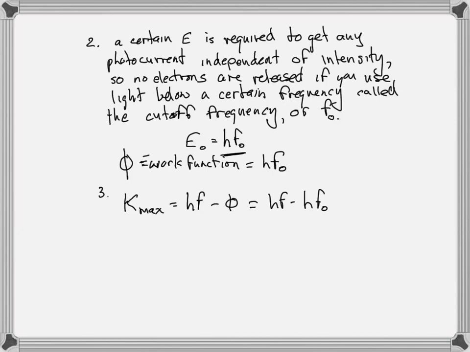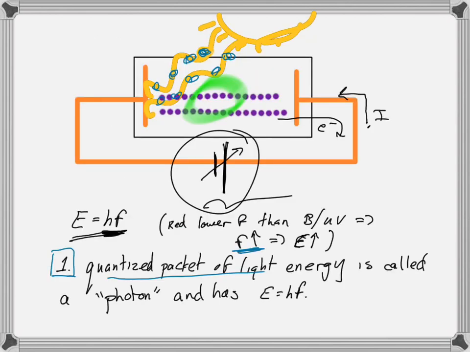In other words, now we're saying that light that is releasing electrons has a certain energy hf. If you subtract the amount of energy it takes to release them from the metal, the rest of the energy goes into the kinetic energy of the electrons, which is now measured in this experiment. We're measuring the kinetic energy by measuring the stopping potential.